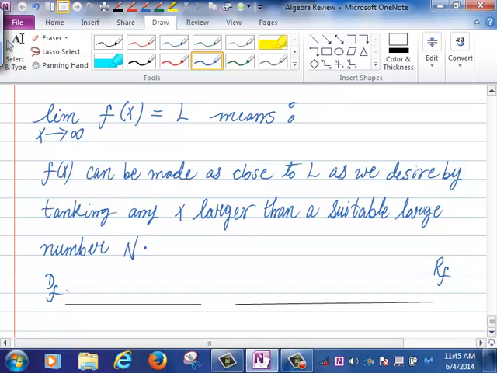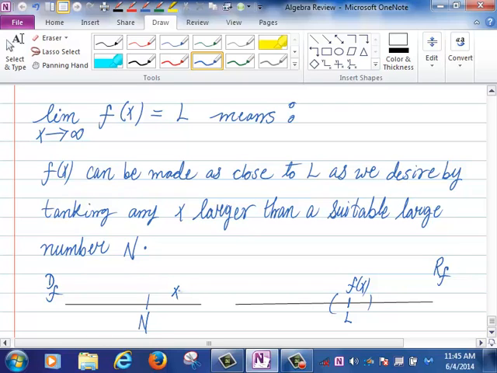These are copies of a real number line. Let's say I have L here. We are saying that we can make the value of f to be as close to L as we desire simply by taking any x larger than a big number N. So if x is bigger than N, f of x is very, very close to L. Okay?